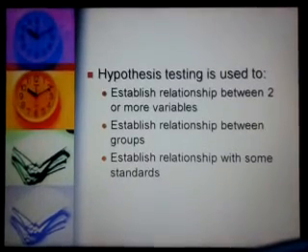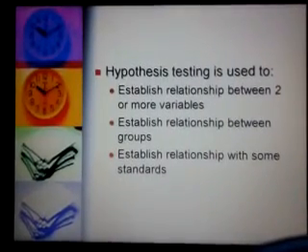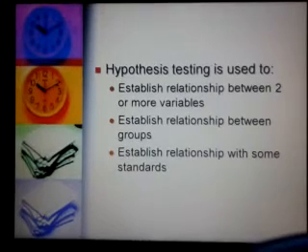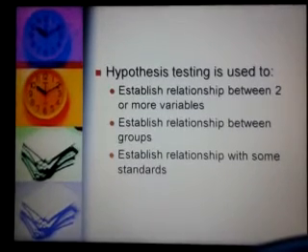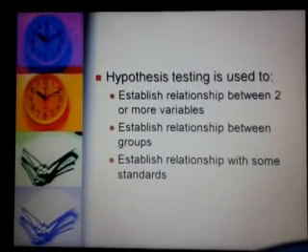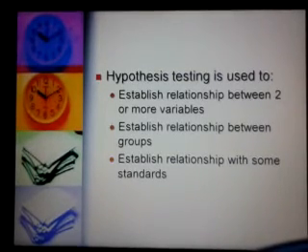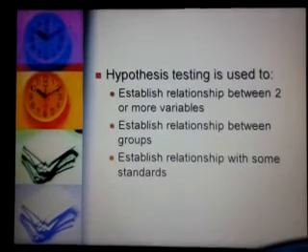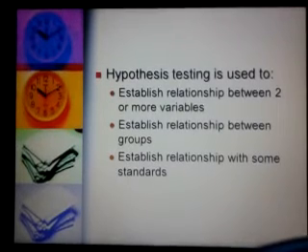So a simple example: if it is mentioned somewhere that the average age of Indians is 80 years, right? So these are the standards established earlier. So we go through some studies and we find that the average age mentioned in studies for Indians is 80. So then we go ahead with our own studies, observations, experiments, and find whether the average age of Indians that is mentioned in theories is 80 or not. So establish relationship with some set standards.